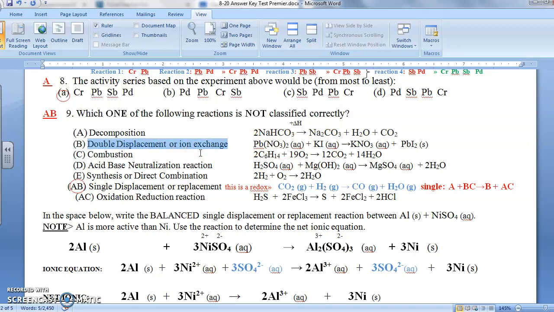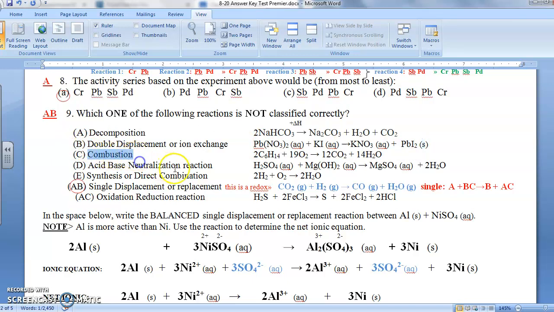We must either produce a gas, no gas. We must produce water, there's no water. Or we must produce a precipitate. There it is. Lead 2 iodide will not stay in solution. Water cannot keep it pulled apart. It'll precipitate out of solution. Letter B is double displacement.